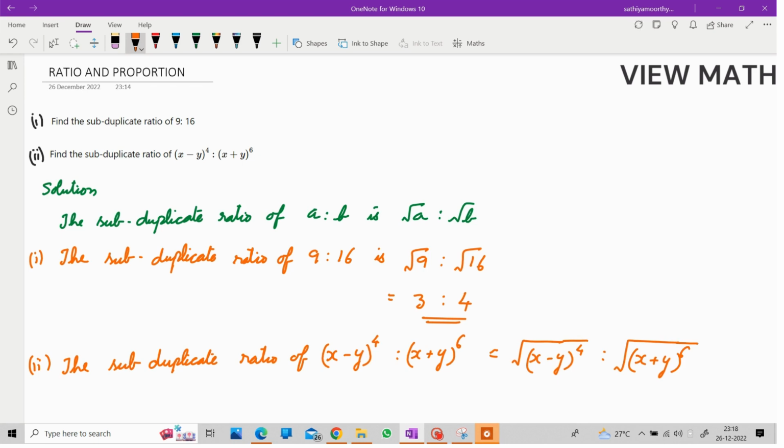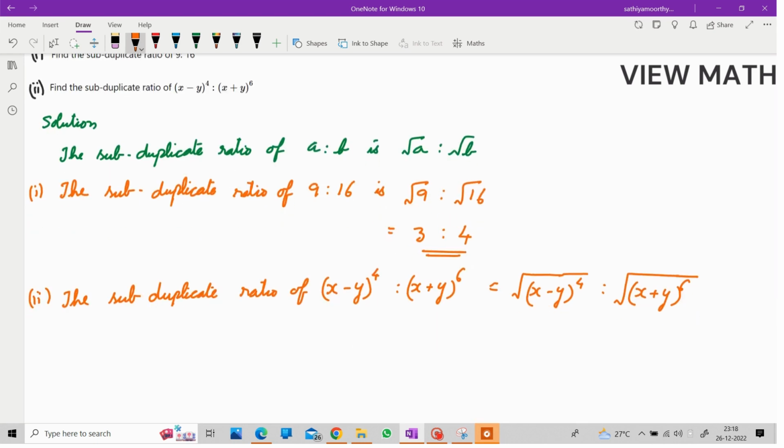If I take the square root of x minus y the whole power 4, I have to reduce the power 4 into half. So I'll be getting x minus y the whole square is to x plus y the whole power 6 by 2, which is equal to 3. So this is the subduplicate ratio of x minus y the whole power 4 is to x plus y the whole power 6.